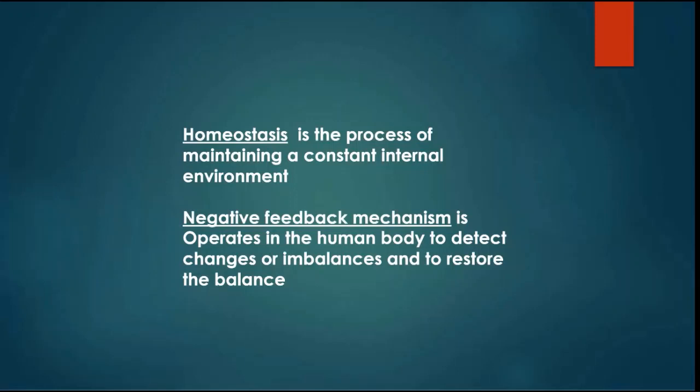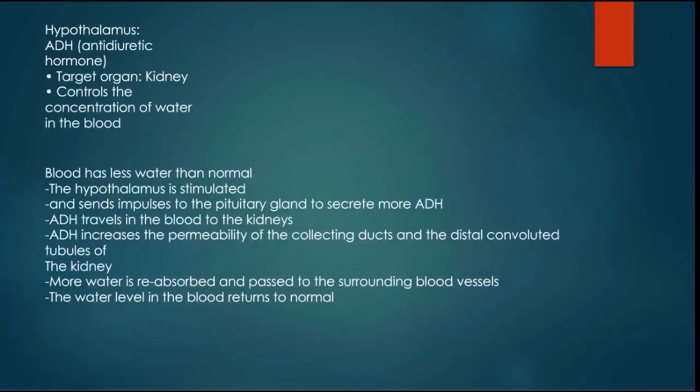Now the water level is no longer at its homeostatic level. What will happen is the negative feedback mechanism. It will detect the changes, or the imbalances with the water level, and it will restore the balance. It will make sure the water returns to its homeostatic level, which is 7 liters.